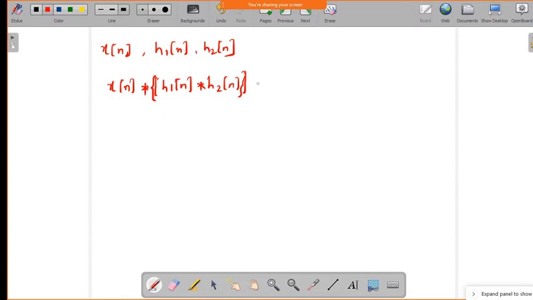If you change the order, x of n convolved with h1 of n, and the resultant of this convolved with h2 of n, will be equal to this one.